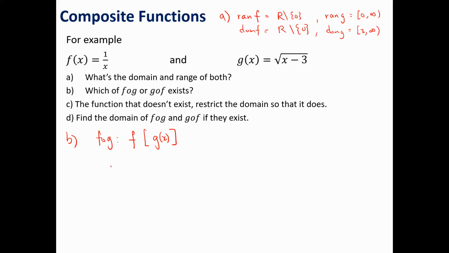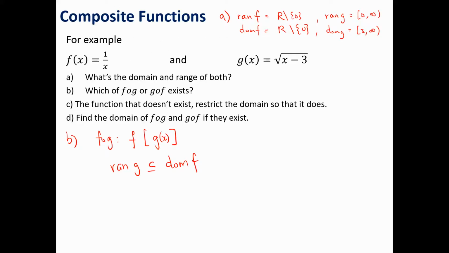Good. Range of g has to be a subset of the domain of f, because in this case you're substituting g of x into f of x. So g of x is the range. And you already figured out from part A that the range of g is 0 to infinity. Your question is, is it a subset of the domain of f, which is R excluding 0? Is that a subset?